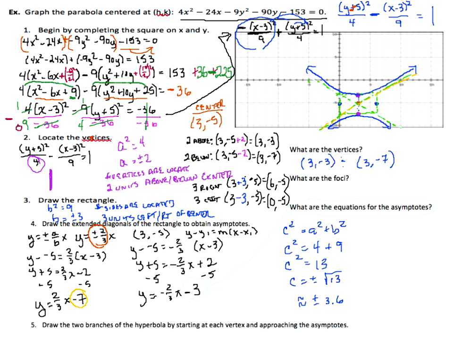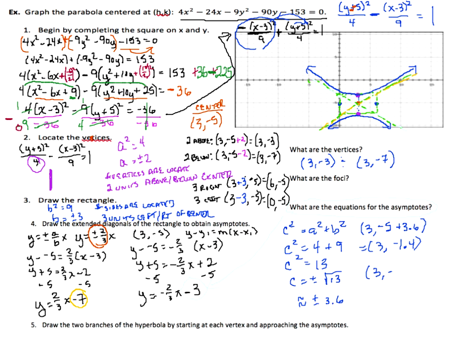I'll go ahead and graph those. And it's 3.6 away from the center. So let me actually show you the math before we do that. Once again, it's in the vertical direction, so it's going to be on the y coordinate. So negative 5 plus 3.6 gives us 3, negative 1.4.